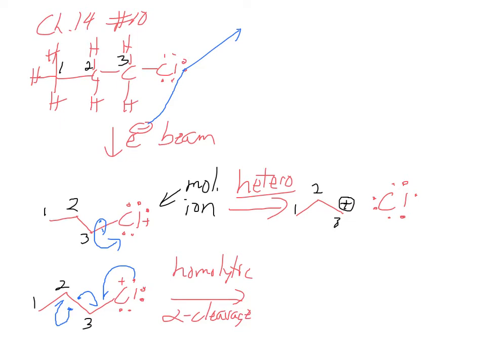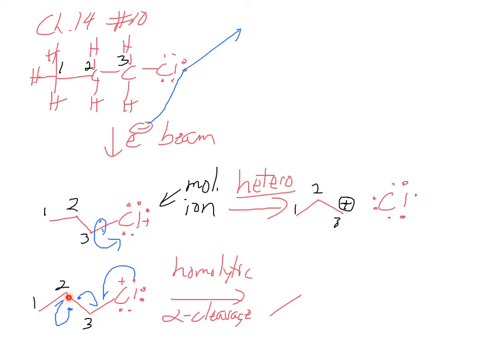How do you know which one's the alpha-beta bond, or why do you pick between 2 and 3? I pick those because the carbon that's bonded to the thing that lost the electron is the alpha carbon. This is the alpha carbon, and whatever's bonded next to it is the beta position.